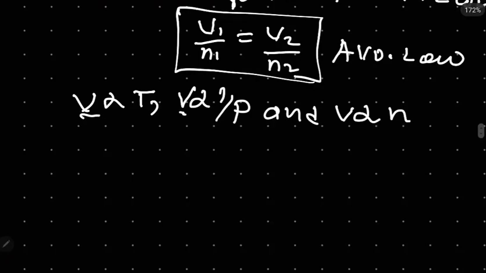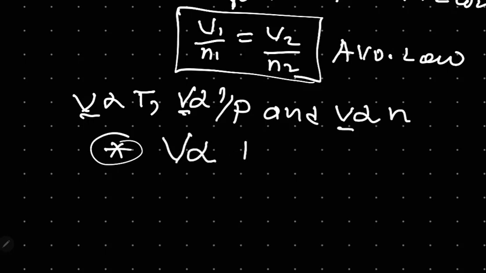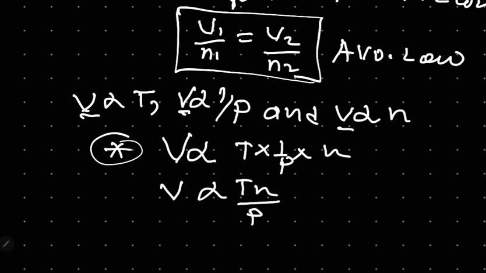Now the same volume has this relationship. So simply we can put volume is proportional to the temperature times 1 over P times the number of moles. Meaning the volume must be proportional to temperature in Kelvin times number of moles divided by pressure.